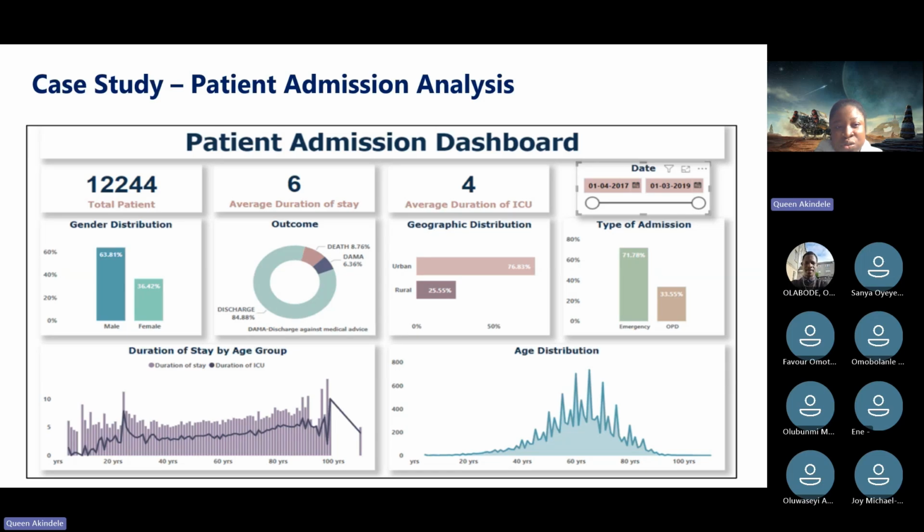You don't want to use colors that are too bright, that would just be a distraction, or use the wrong color. Like for death, ideally, under outcomes, the death should be red. But because some people are colorblind, they cannot differentiate red. You have to use a color that is slightly closer to red, that shows that okay, this is bad. You understand?